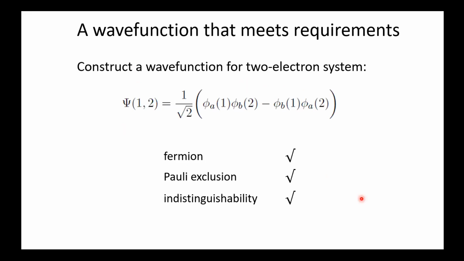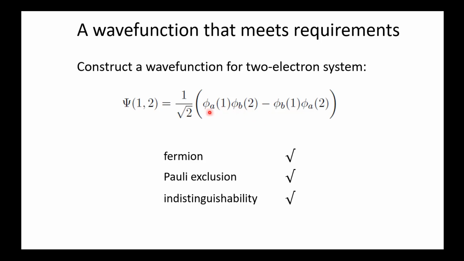So based on those requirements, people can construct this kind of wave function. You see, this is a little bit more complicated, right? Instead of using simply the multiplication, we now have a linear combination of two possibilities. So 1 stands for the coordinate of electron 1, and 2 stands for the coordinate of electron 2.